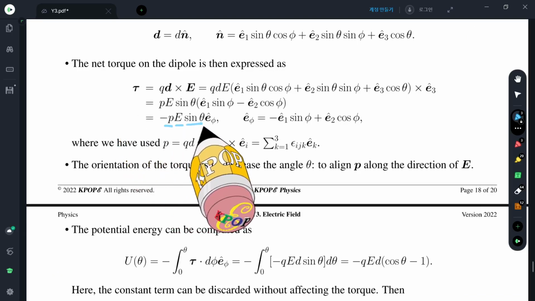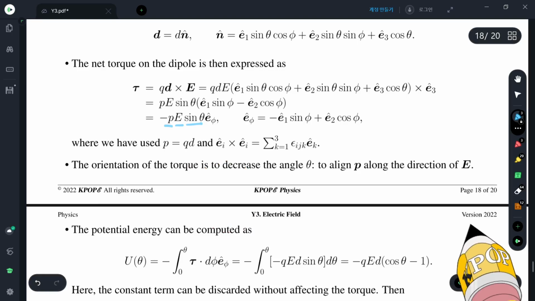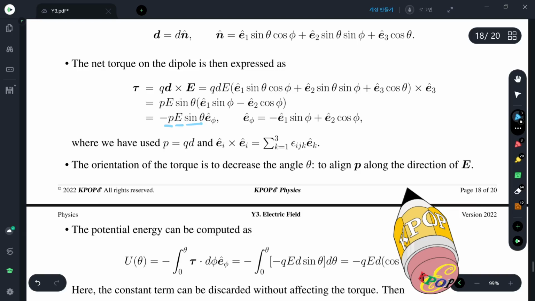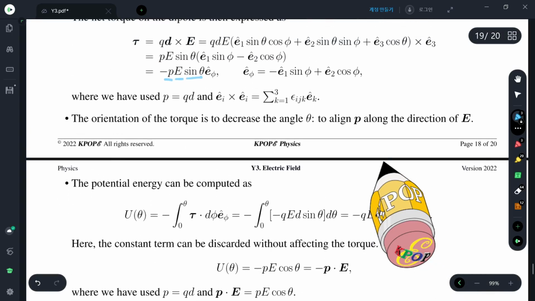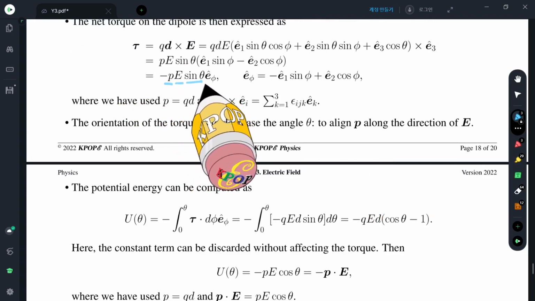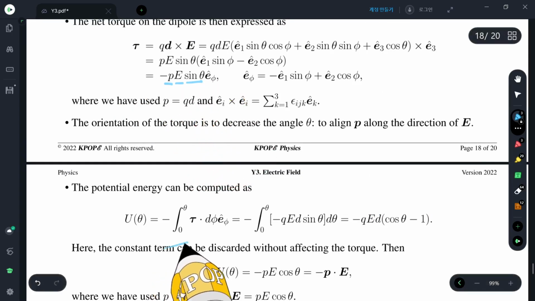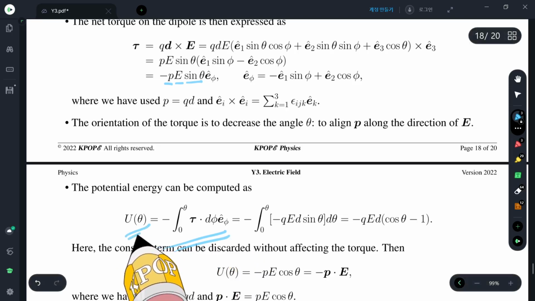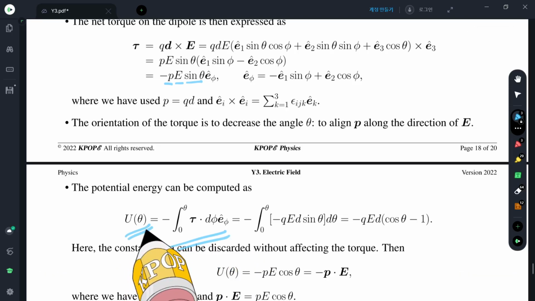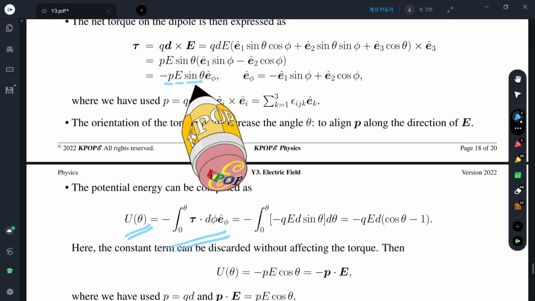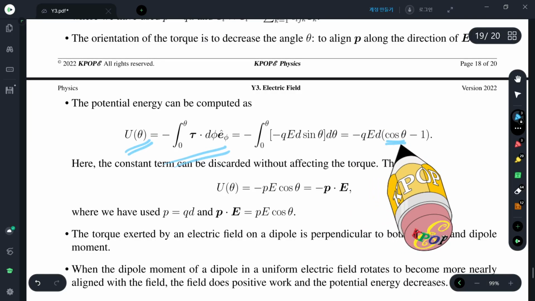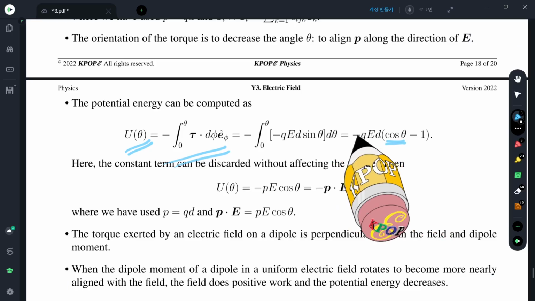It is very similar to what we found in the previous semester for the pendulum motion. If you have a torque like that, then we can make use of the fact that it is a conservative force. We can define the corresponding potential energy from this torque, proportional to cosine theta multiplied by the negative sign.